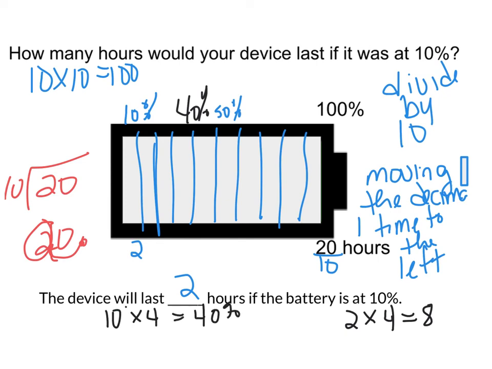So 10% times 4 is 40%, so you're doing the same with the 2. Since 10% equals 2, then we're trying to get 40%. We're multiplying both by 4 to get our answer. So 40% will be 8 hours. So you could use 10% to find other percentages.